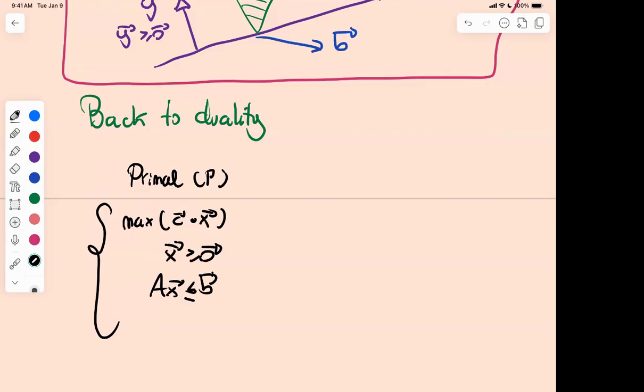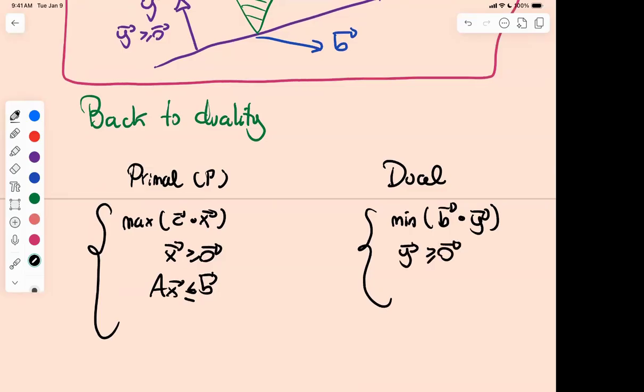Then the dual, right? The dual reverses the main roles. The vector of coefficients gets replaced with the vector of constants, and the max becomes a min. So you're looking for a min of the dot product of b with the vector called y. And y has to be non-negative; these are the dual variables, sometimes called.